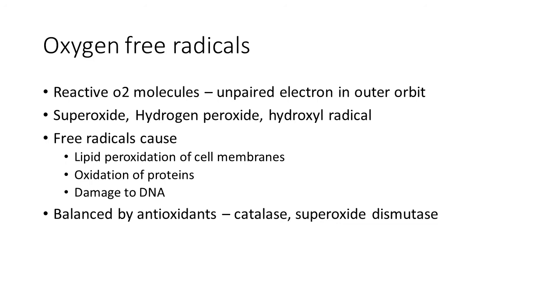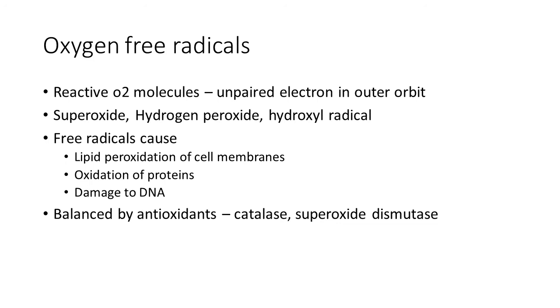The normal reaction of combining of oxygen and hydrogen to form water involves a four-step process with transfer of one electron in each step, and this produces the intermediate species of oxygen free radicals, which include the superoxide, hydrogen peroxide, and hydroxyl radical. This reaction takes place within the inner mitochondrial membrane.